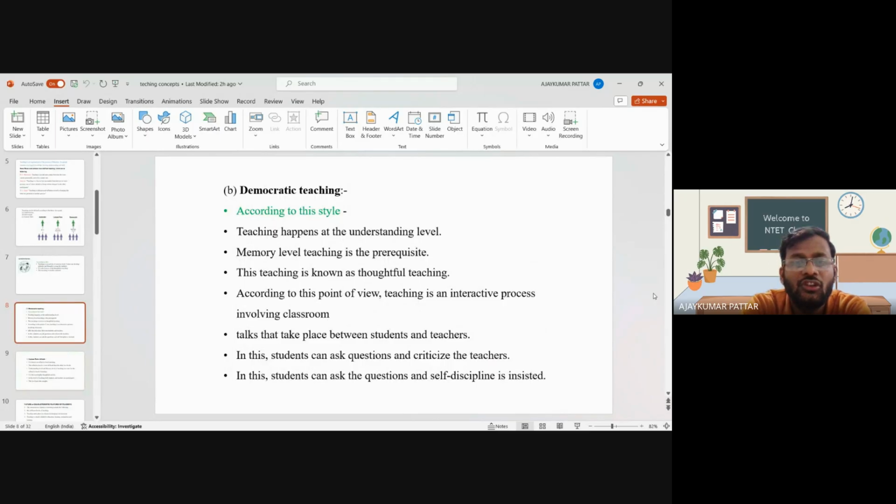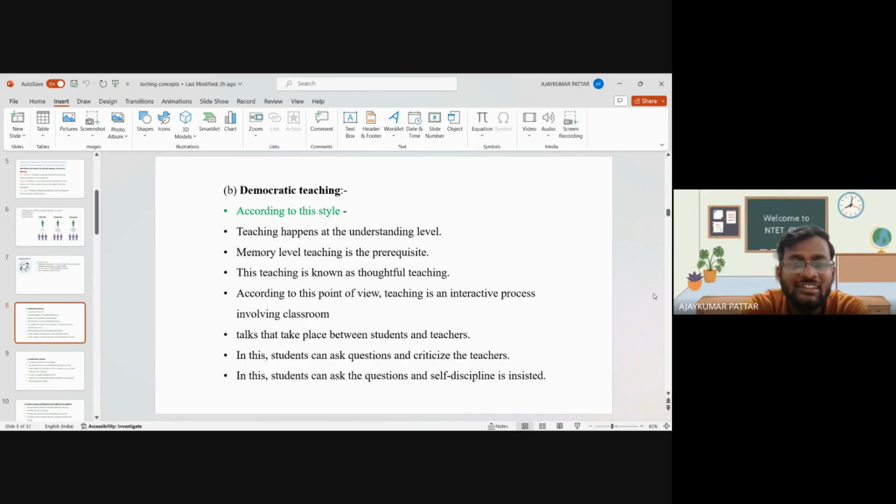democratic teaching. According to this style of teaching, this teaching happens at the understanding level. It will work at the understanding level. Then memory level teaching is a prerequisite.